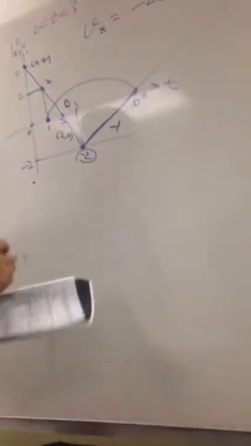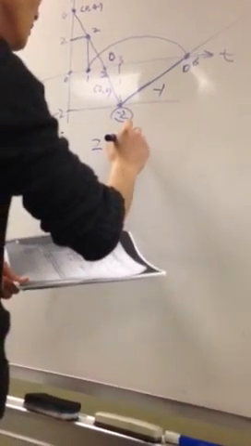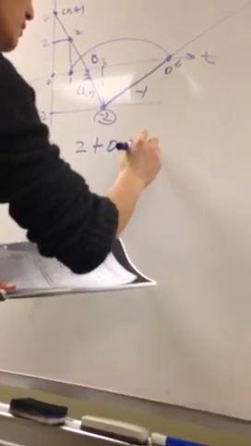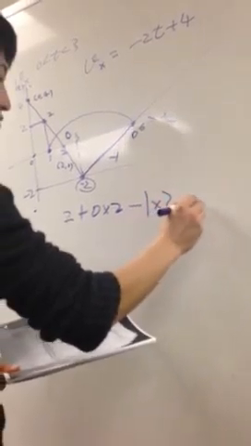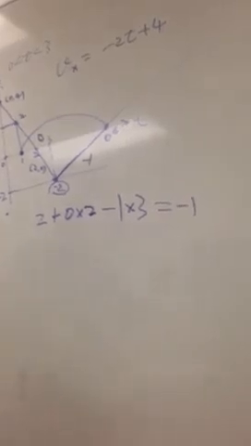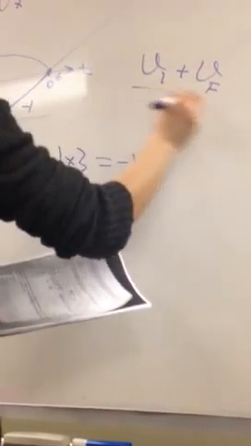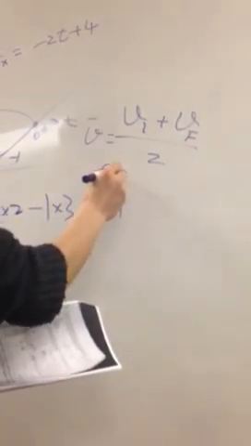So you have the initial position 2, plus 0 times 2 seconds, plus -1 times 3 seconds, and you get -1. That's the answer. The only thing you need to memorize is that there's initial velocity and final velocity. If you take the average, that's the average velocity. But it only applies when the acceleration is constant.